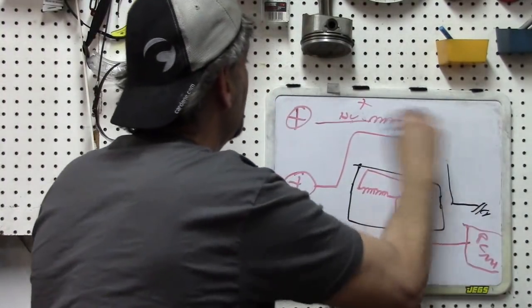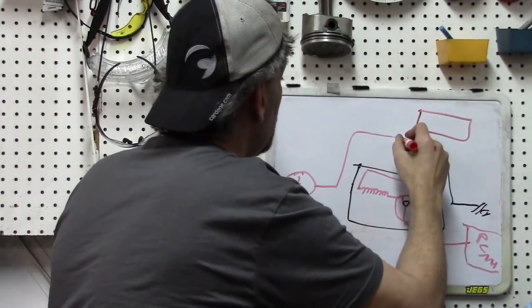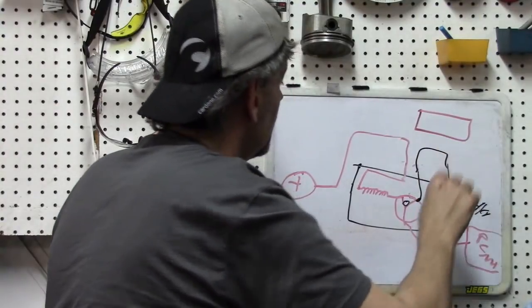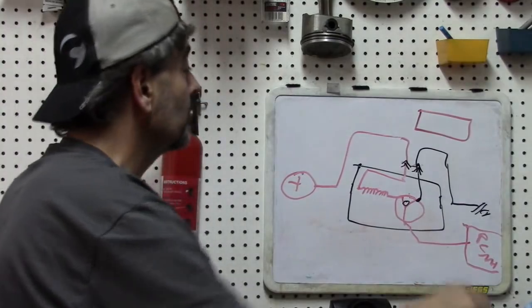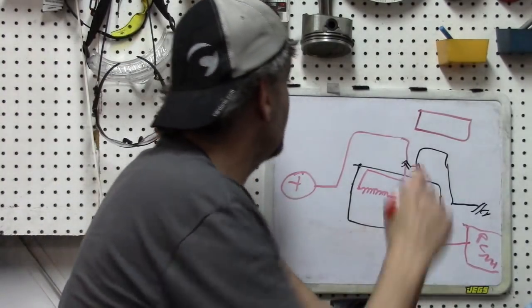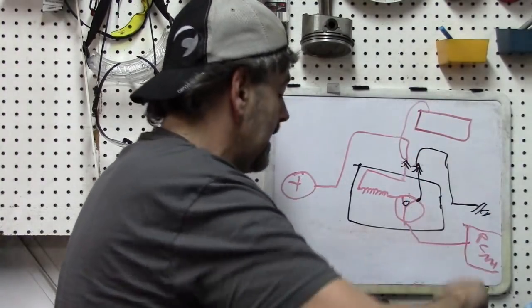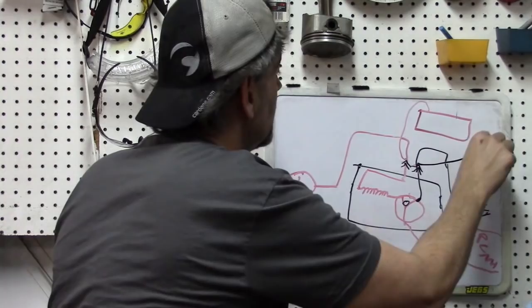Okay, let's redraw this so it's clearer. We've got our scope here. We've got connection here and here. And let's look at the two ways of doing it on this one. So we can have our scope positive reading here, our scope negative reading here.